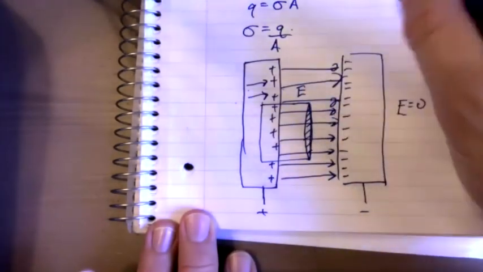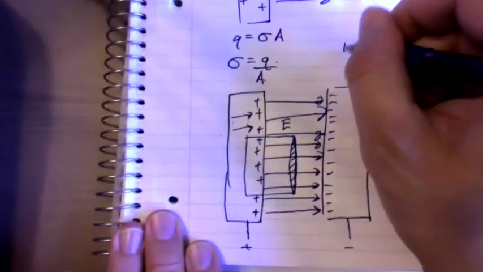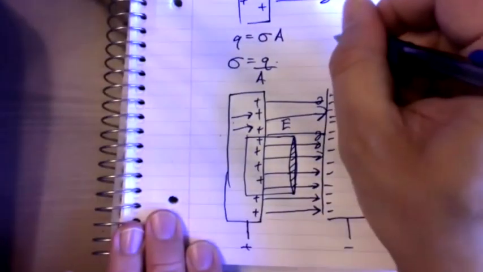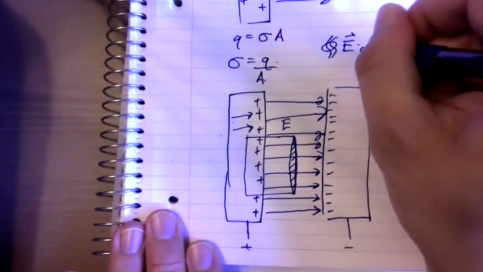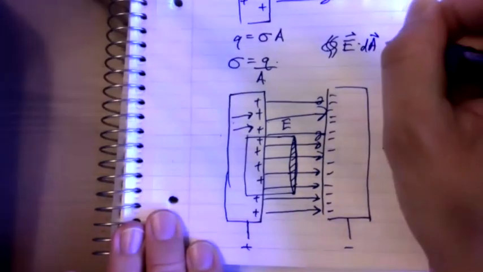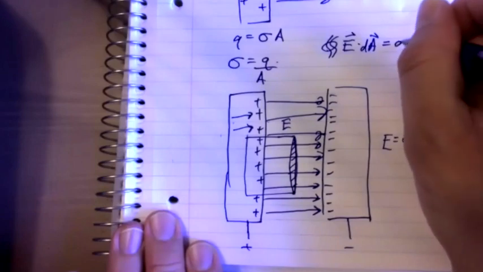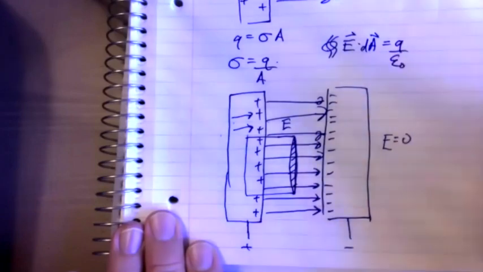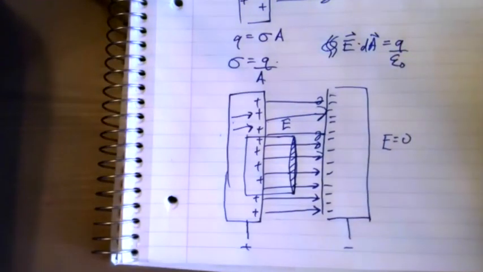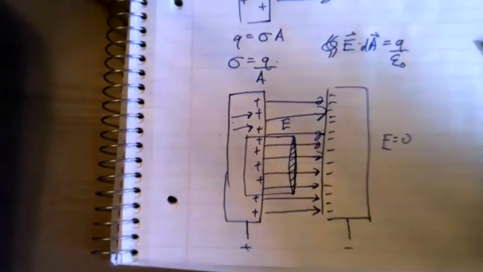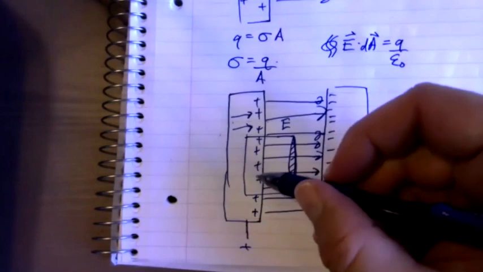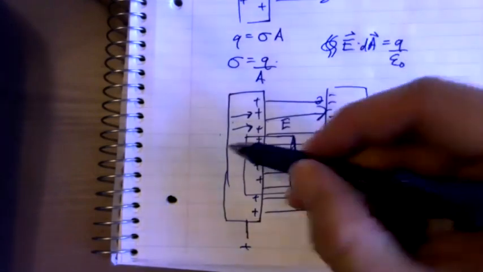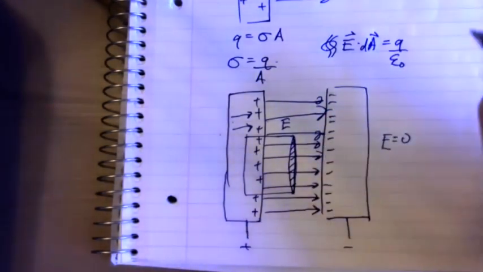So now we're going to say, well, E, we'll do our surface integral again. So we'll say the integral of E dot dA is equal to Q over epsilon naught. All right. But now all of my charge has moved to this surface, and I don't have any other charge on the other surface.